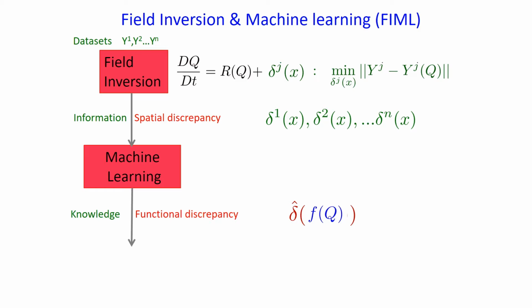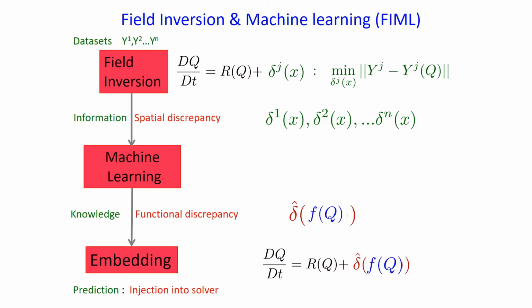And what that entails is taking the outputs of these many different inverse problems, which are spatiotemporal fields, and using machine learning to map them onto feature space, or make this discrepancy a function of variables that are available during the predictive step. Once we do that, we embed that inside the model.